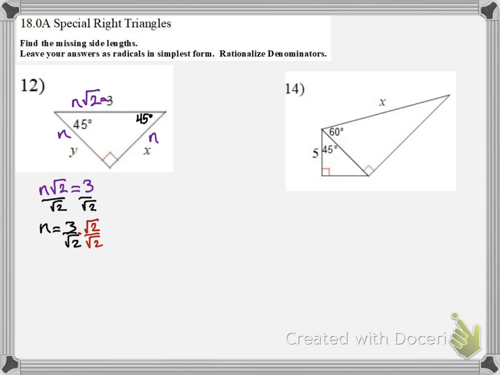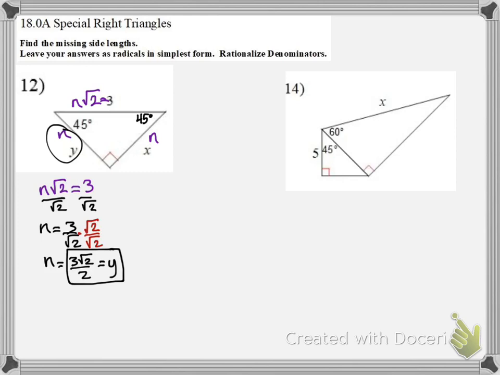So now I have the inside equals 3 root 2 over 2. And I really can't just reduce the 2 that's inside a radical with the 2 outside of the radical. So that's my inside, but I'm not going to circle that equal to n. I know that's what n is, so I'm going to write equals y before I circle that.